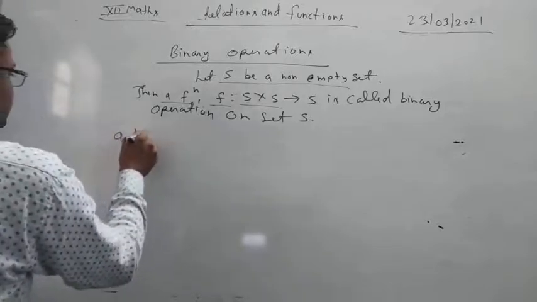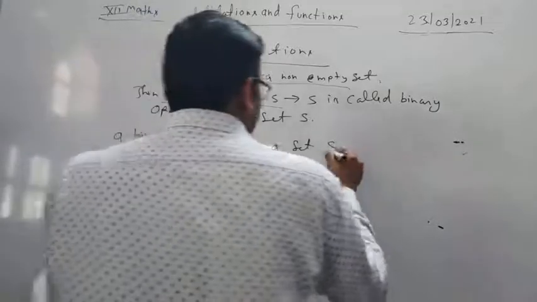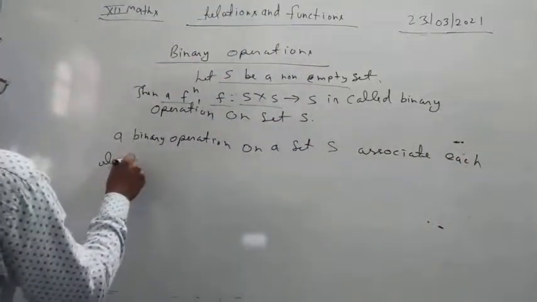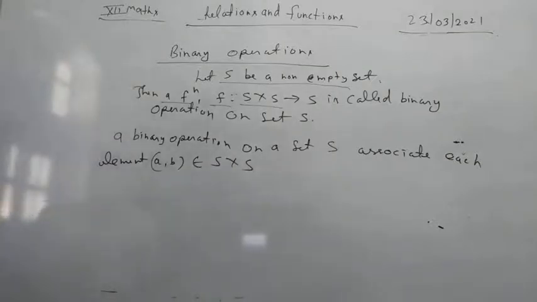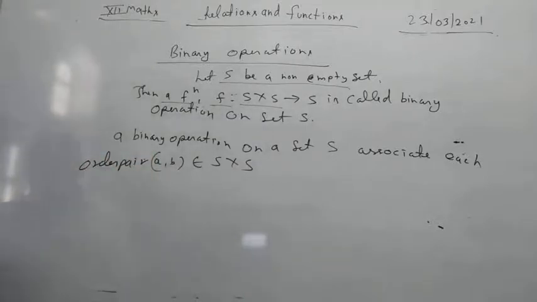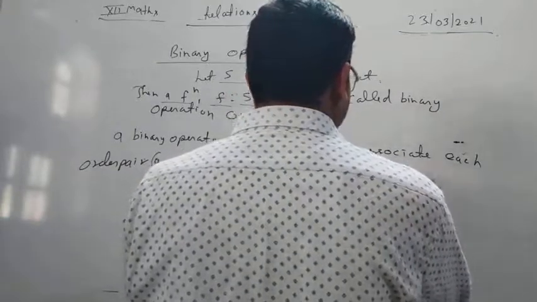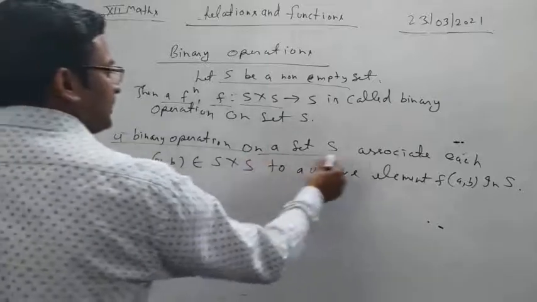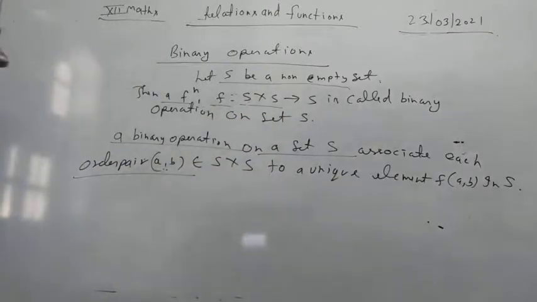Here we can say that a binary operation on a set S associates each element (a, b) belonging to S cross S, that is, each ordered pair (a, b), to a unique element f(a, b) in S. Okay, students, a binary operation on a set S associates each ordered pair (a, b), because this domain is in the form of Cartesian product.